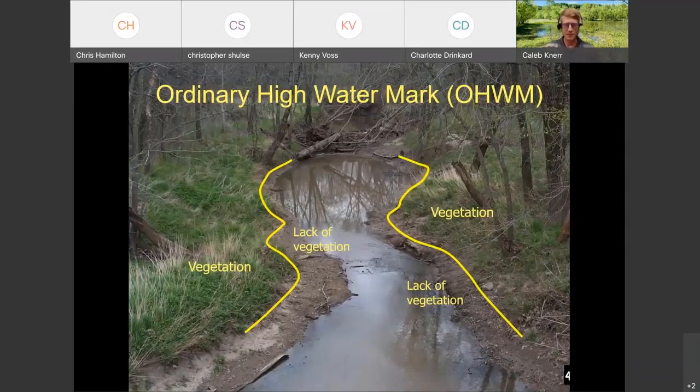Previously, under the 2015 rule, we'll get into these definitions later on, ephemeral streams were not considered under the Navigable Waters Protection Rule, but with the reversal of this rule, they can be considered jurisdictional.